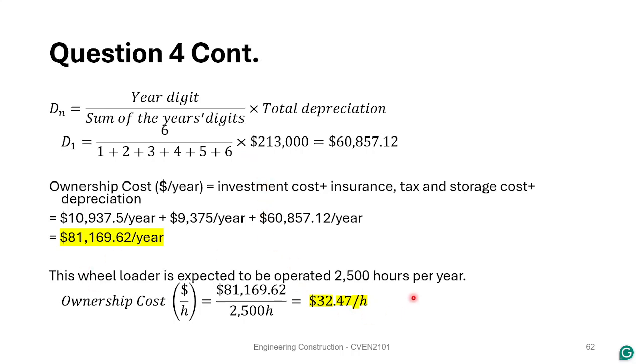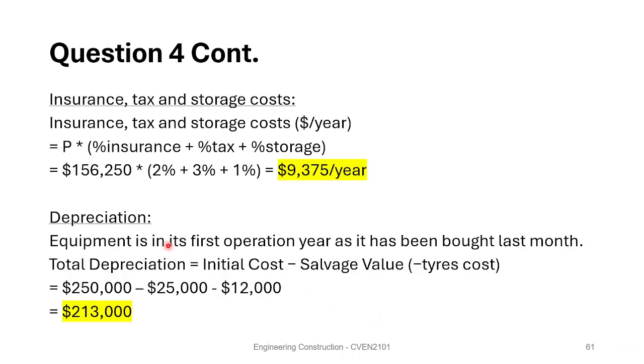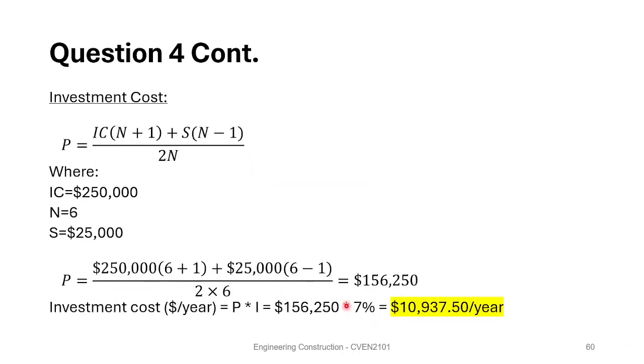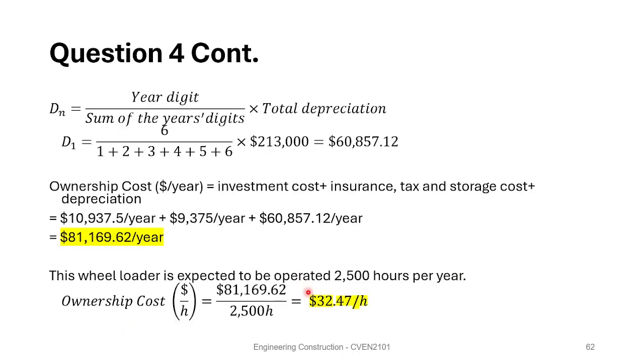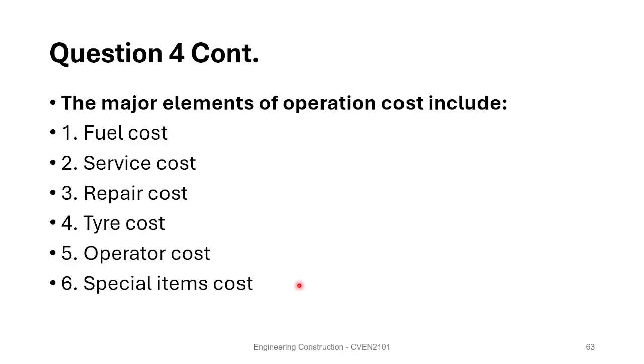So we can get this ownership cost per hour, okay? This calculation, if you look at the depreciation, insurance, and investment cost, is going to be per year. It's always best to convert it to per hour because your production rate in the future would be in terms of hours.